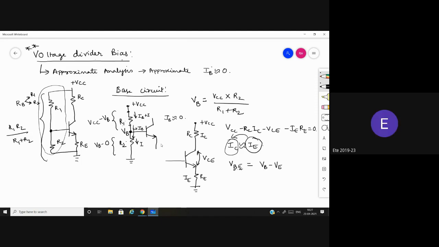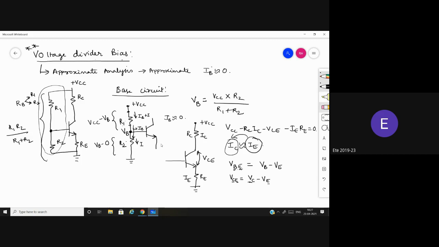A simple way: if you want VCE, what is VCE? It is the potential difference between the collector and the emitter, so VC minus VE. The first term comes first, the second term comes second. That's it. These are simple equations.